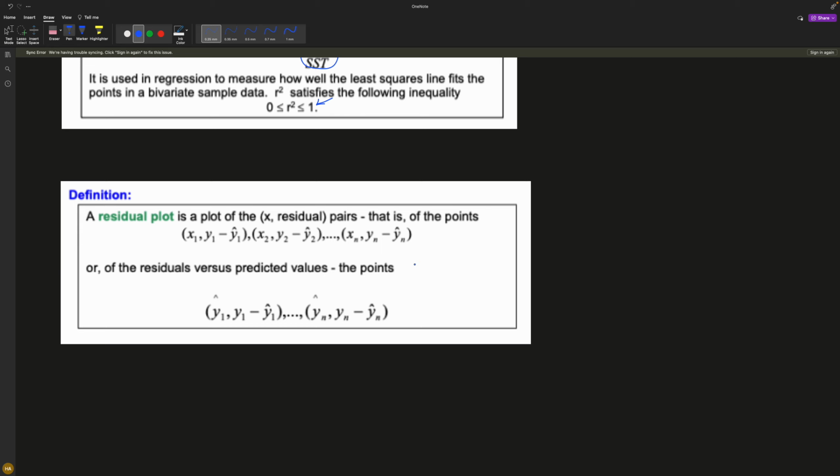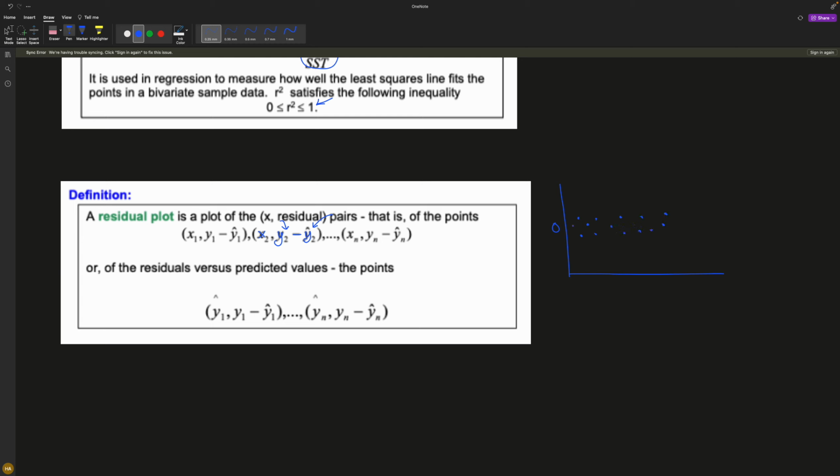Residual plot. Basically you have the number 0 and you have your errors. You have some x value, and then you get your error, which is the actual value minus the estimated value. You plot it, and then you keep doing that, and it looks something like this.